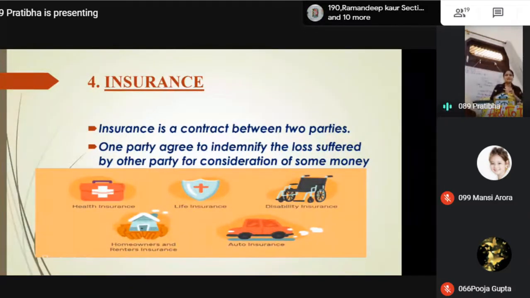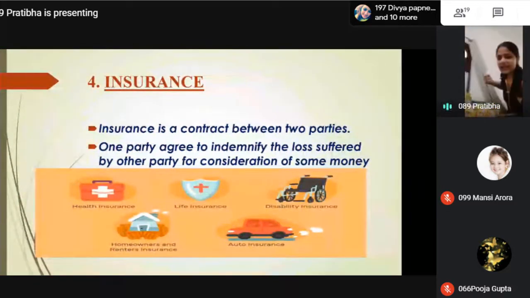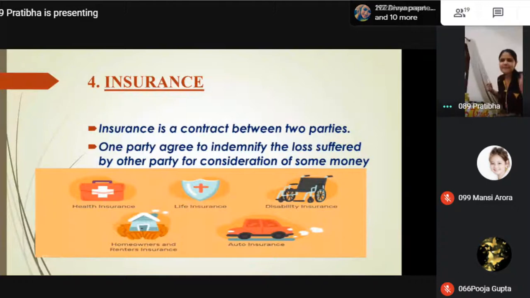Well, students, tell me, which facility helps in removing the hindrance of time? Warehouse. Very good.